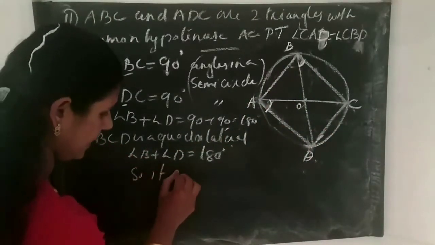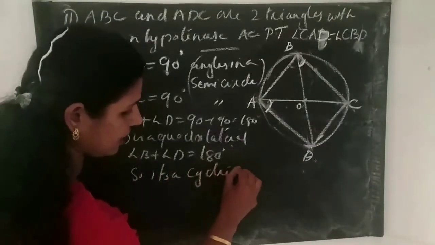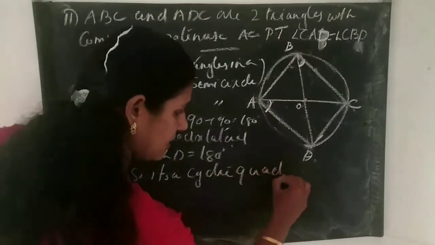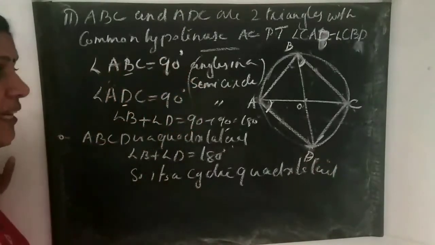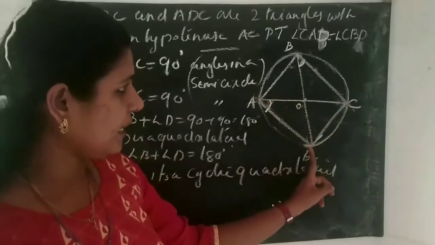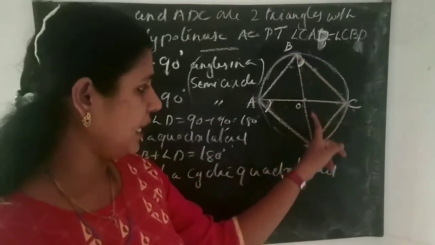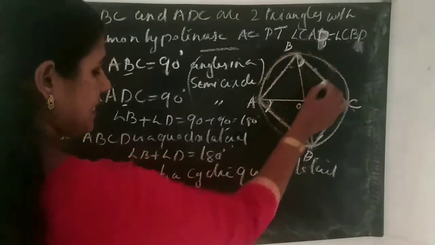So it is a cyclic quadrilateral. Then in the cyclic quadrilateral, angle CAD and angle CBD are equal because of angles in the same segment.